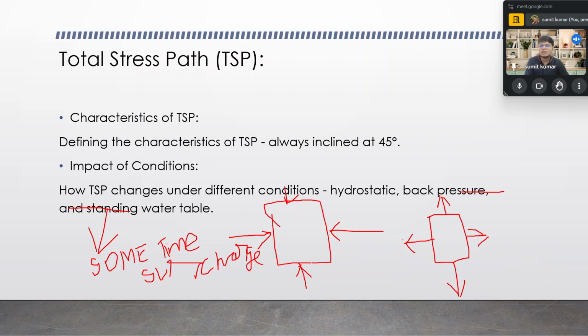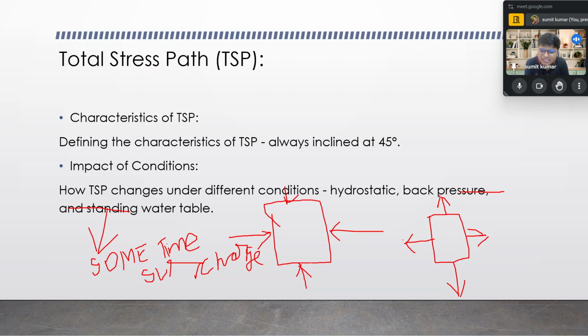So we are talking about the total stress path. First of all, start with its characteristics. The total stress path is always inclined at 45 degrees. How the total stress path changes under different conditions, back pressure and the standing water table.